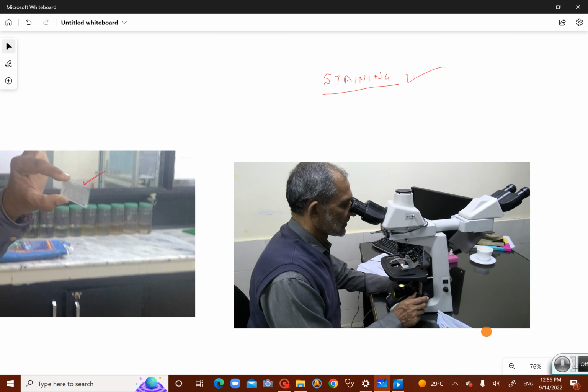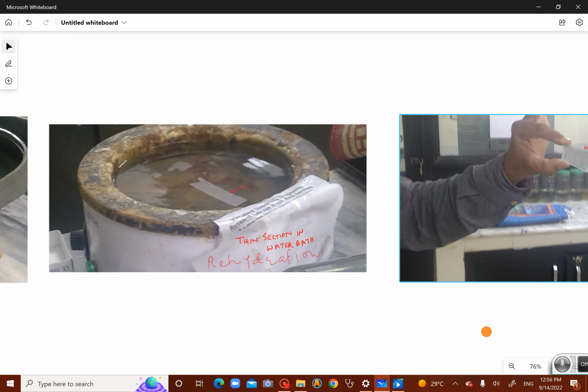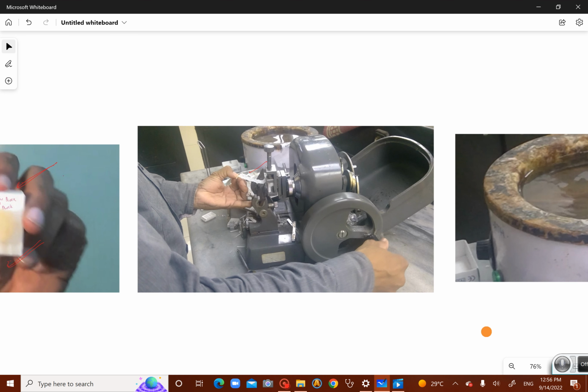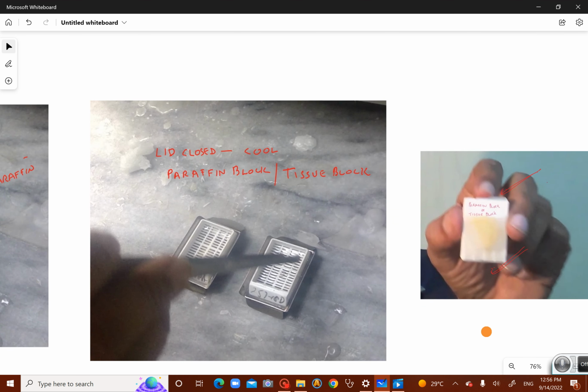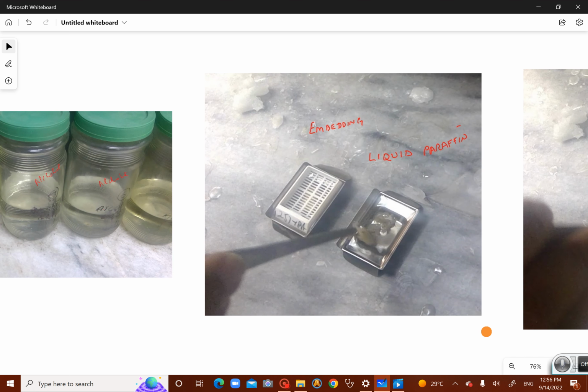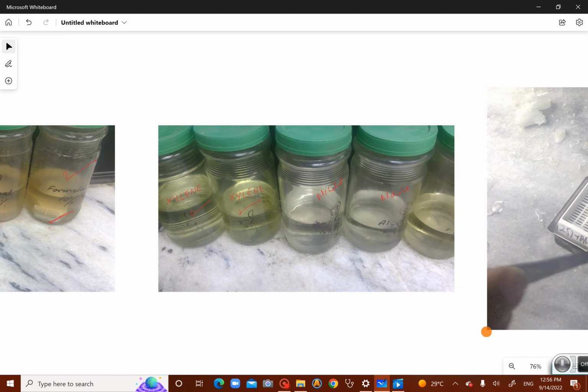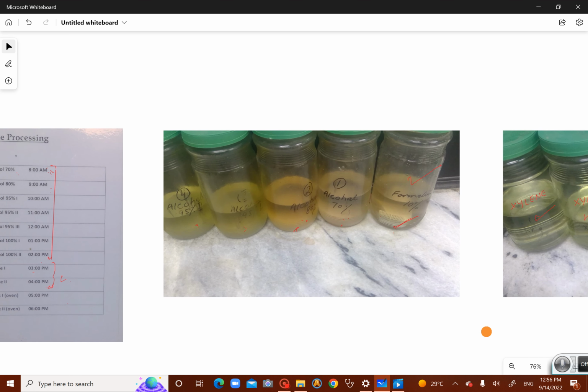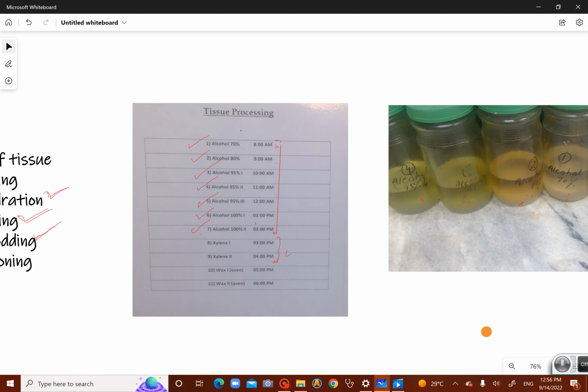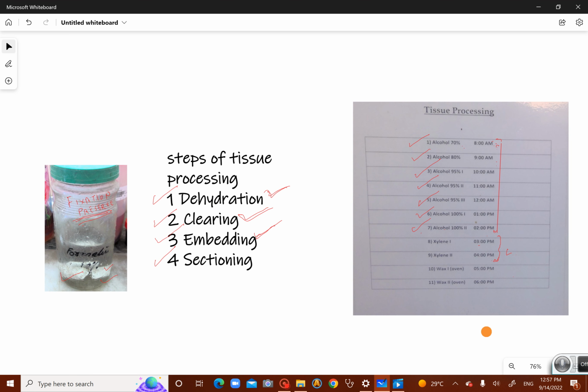So that's the tissue processing. To sum up, tissue processing contains a number of processes and techniques, and you should be skillful and aware of the reasons for doing it.